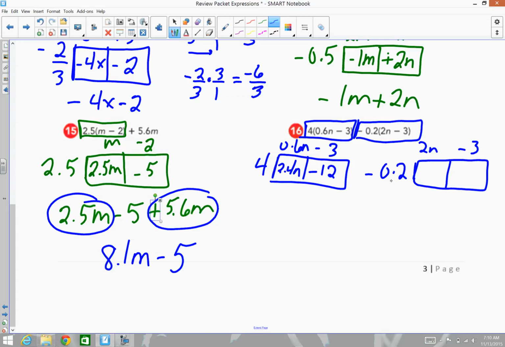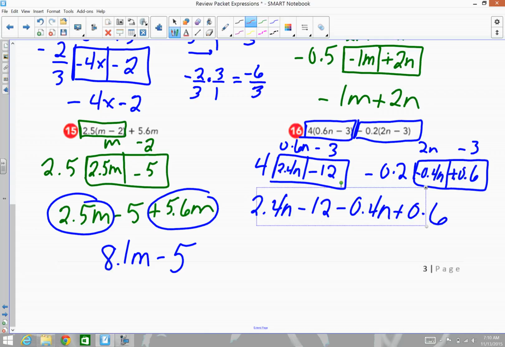Negative 0.2 times 2n is negative 0.4n, and negative 0.2 times negative 3 is positive 0.6. Okay, so we have 2.4n minus 12 minus 0.4n plus 0.6.